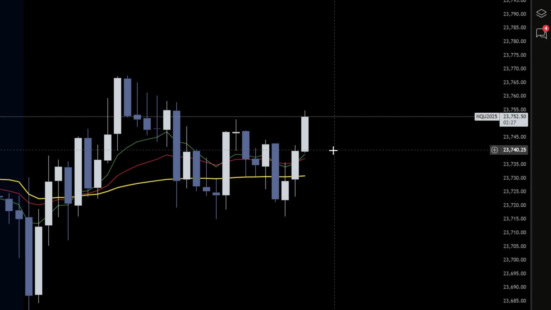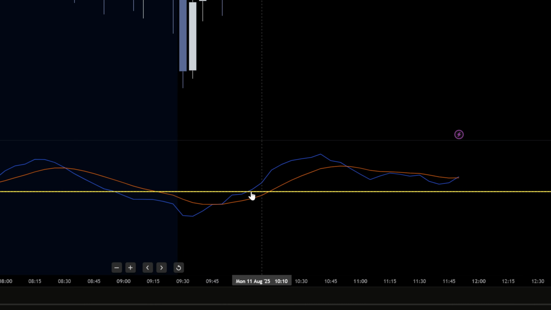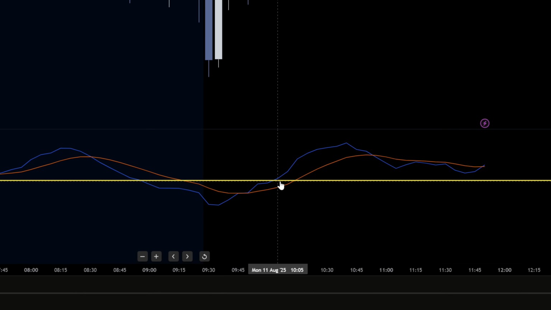We made our money. So in short, we can use the 9/21 EMA with VWAP. When price is above VWAP and price also crosses the 9 and 21 to the upside, we're bullish. But then we're also looking for the MACD line and signal line to both break above neutral here.